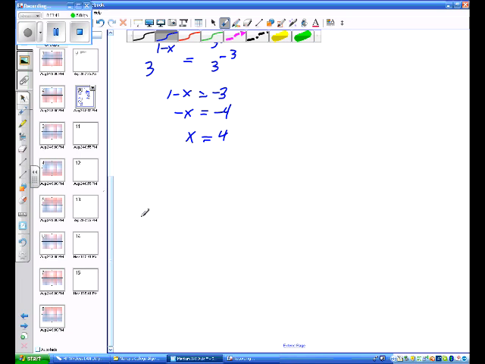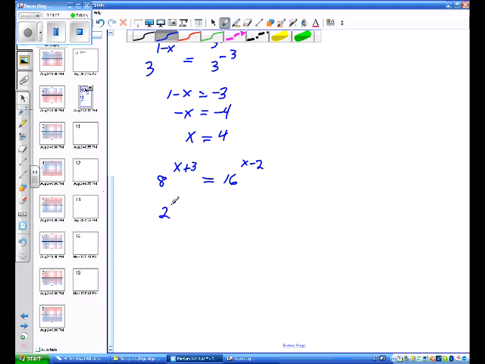If we looked at 8 to the x plus 3 is equal to 16 to the x minus 2. Well, again, we can't write 16 to base 8, but we can write both of these to base 2.